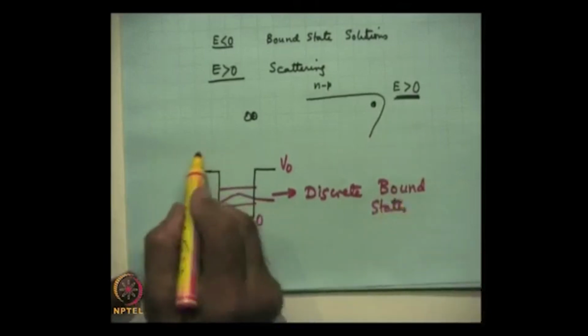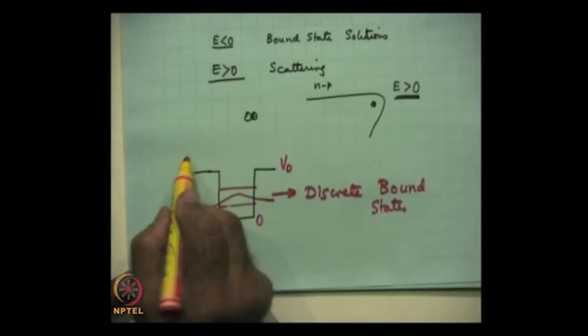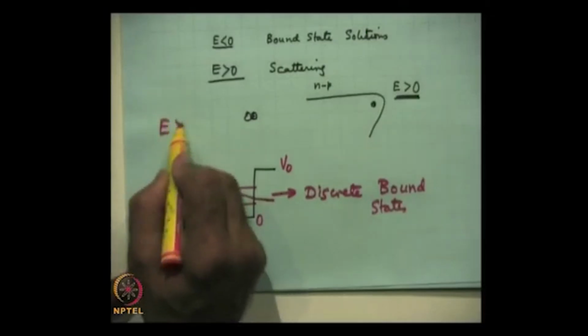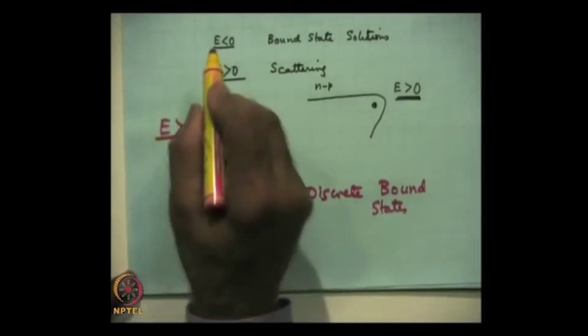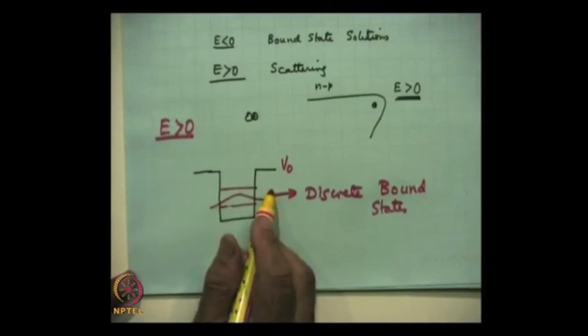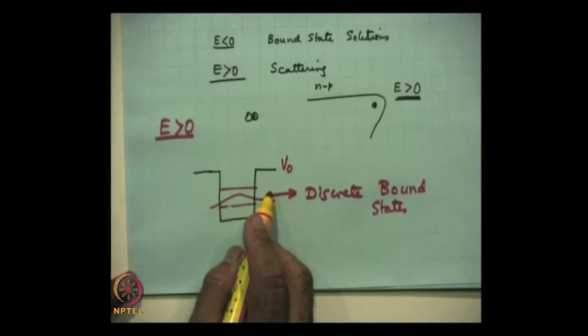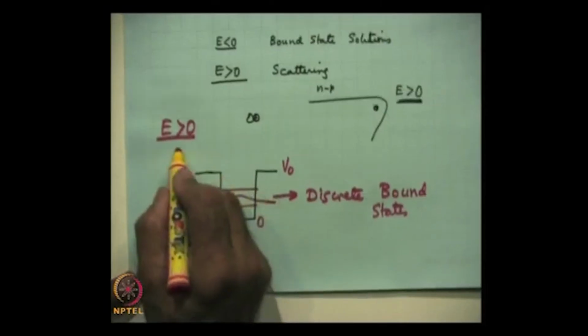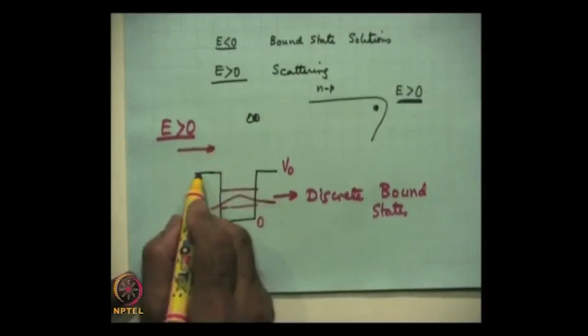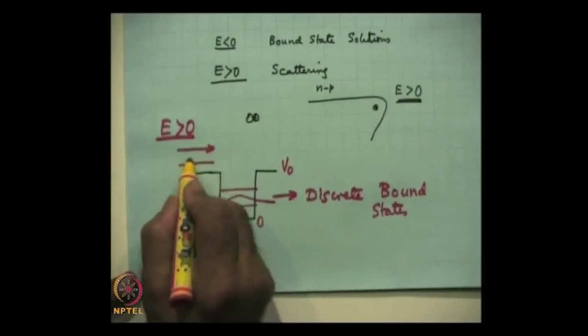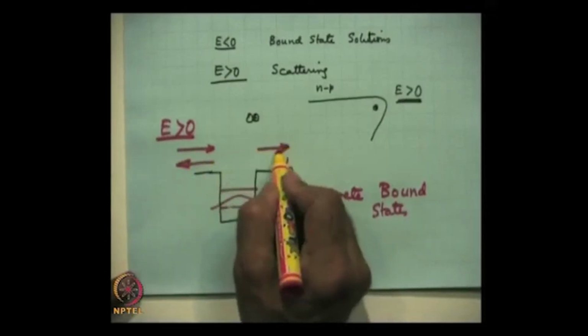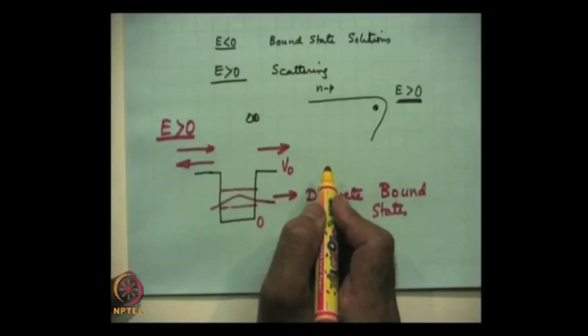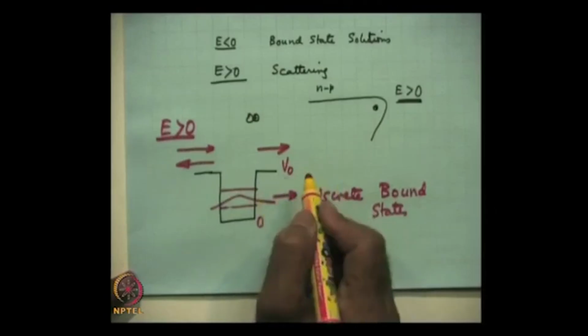And then you will have E greater than 0 solutions. These are the scattering states, and they form a continuum. All possible values of energy are allowed, and so you will have an incident beam coming in, part of it reflected and part of it transmitted. So, we will have two types of solutions.